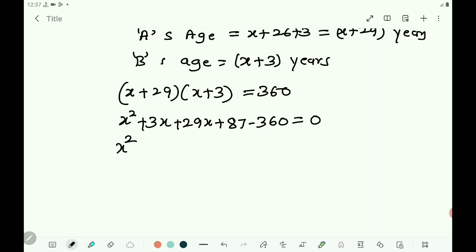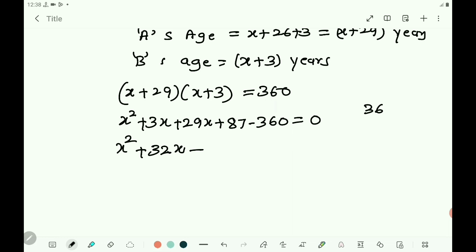Write x square as it is, plus 3x plus 29x, 29 plus 3 is 32, 32x, plus, here we have to subtract 87 from 360 and put the negative sign, not plus, it is minus.